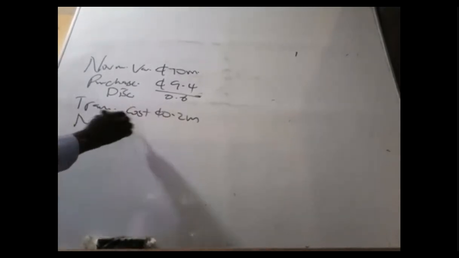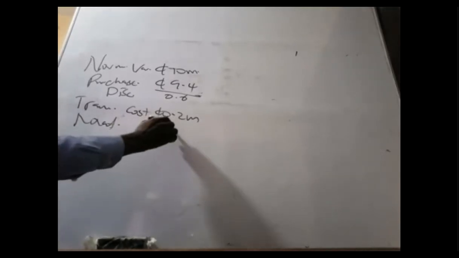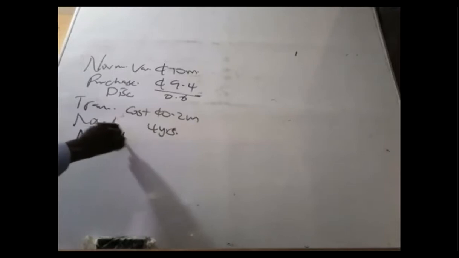Maturity is 4 years. The nominal rate of interest is 5%. Then we have what we call the effective rate of interest, which is 9%. This is the question.